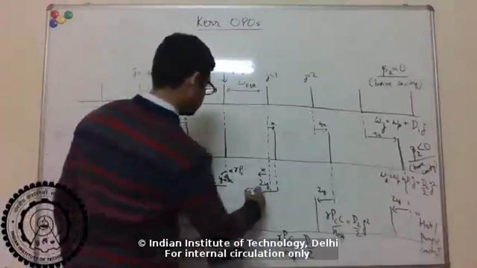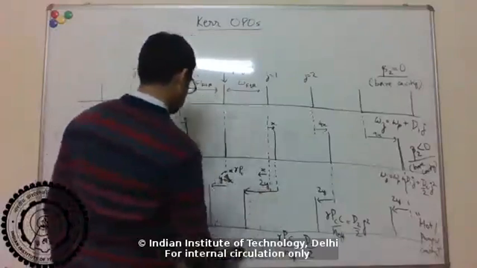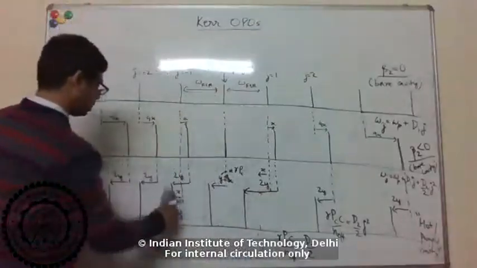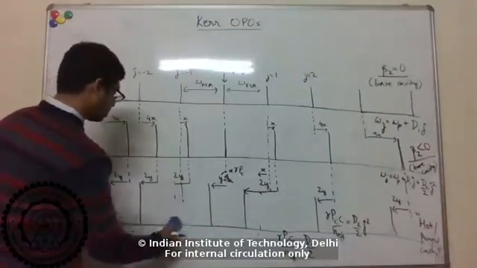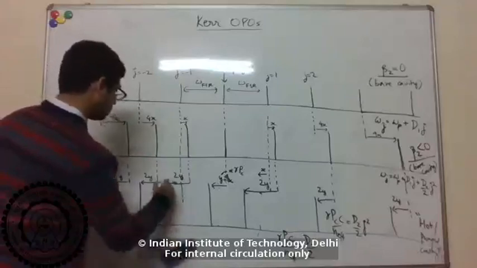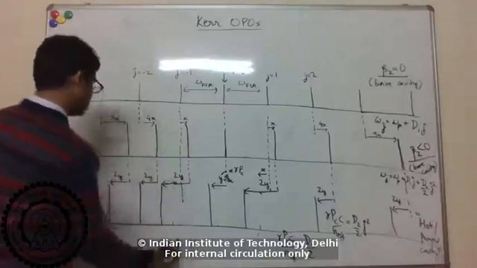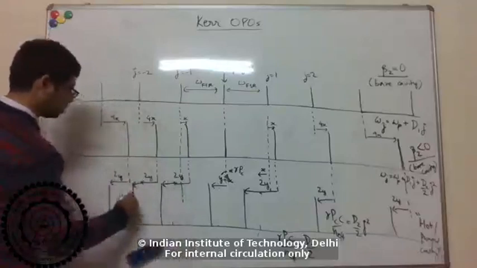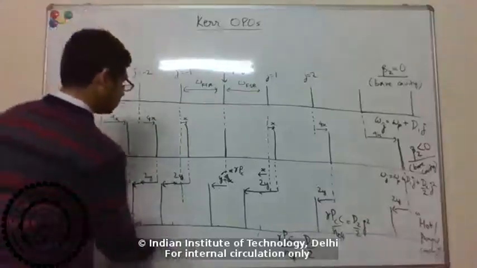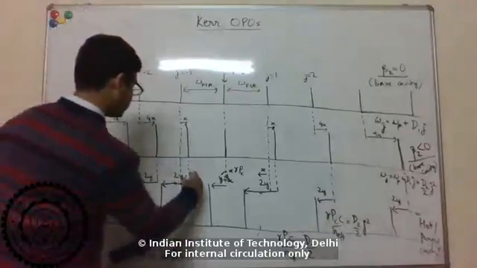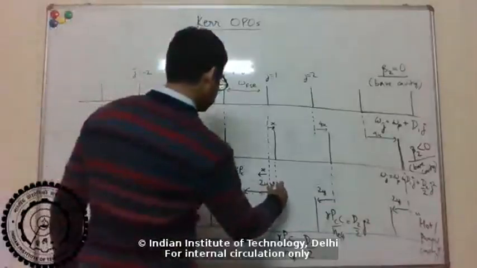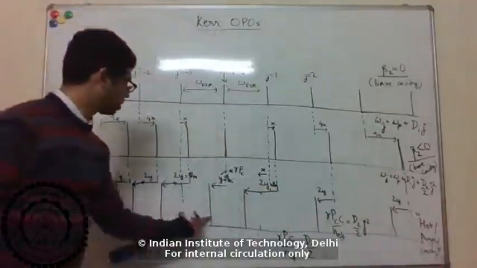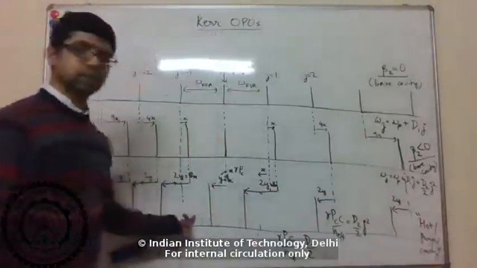So this one has shifted a lot, and this one again is shifted too far. So this will be 8x. The shift here will be 8x. And now the first resonances from the pump are not equally spaced.